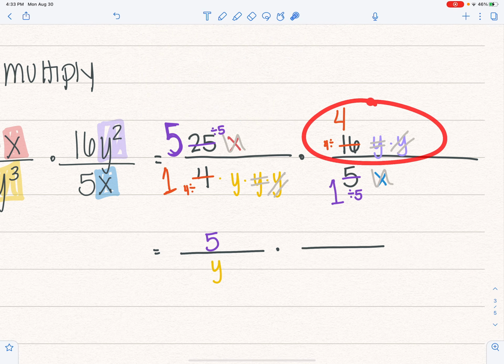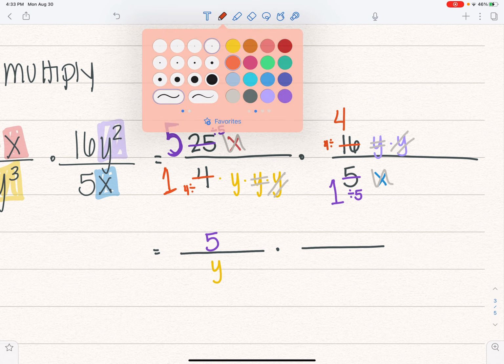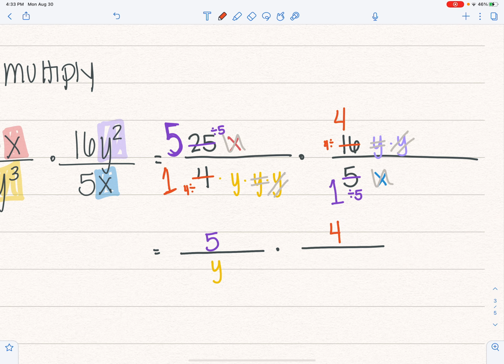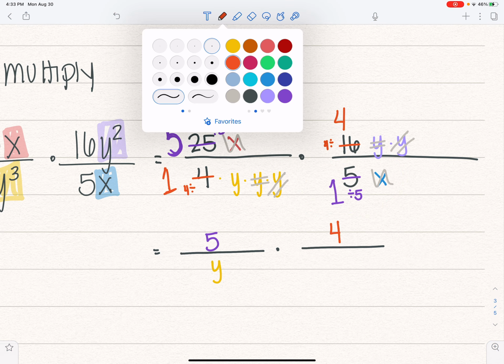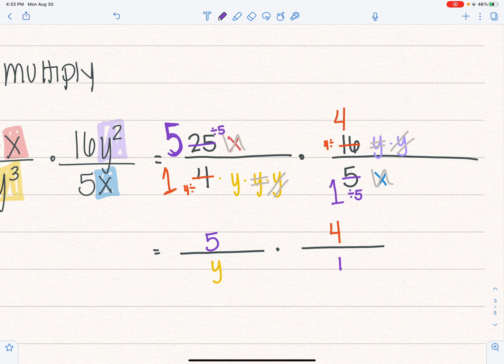On the top right, I'm left with just a 4. And on the bottom right, I am left with just a 1, and I can write that as a placeholder of 1. It is not 0. It is a 1 placeholder there.